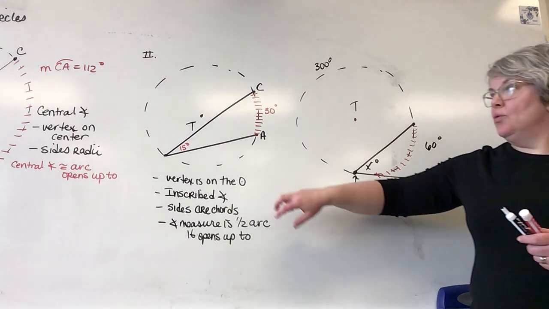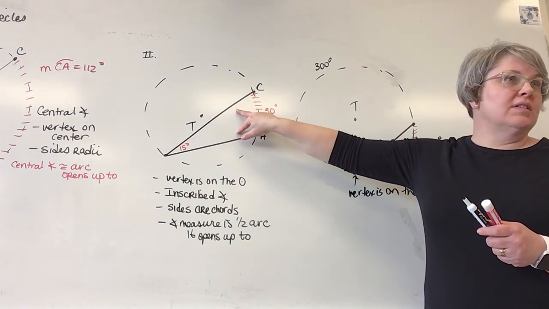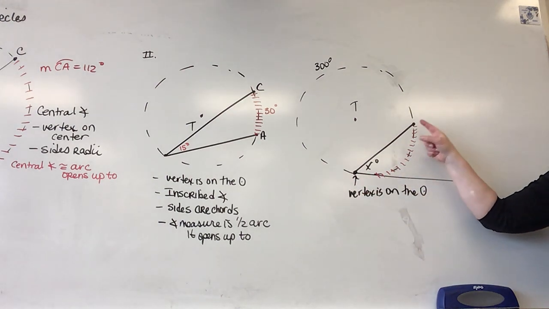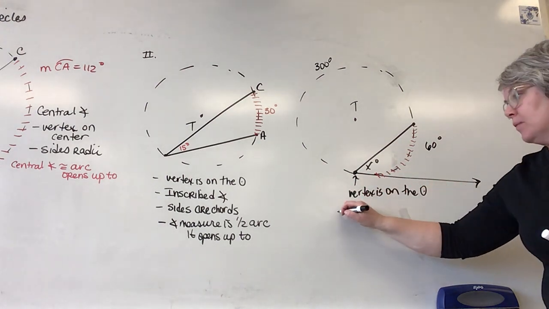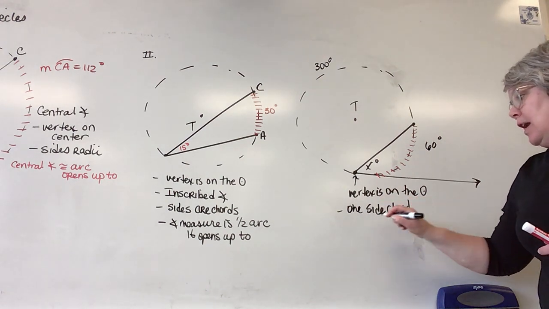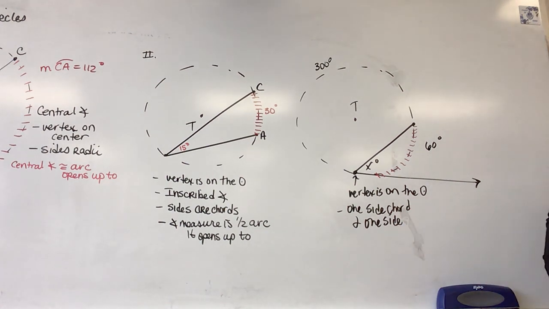So not only do these two chords stay in the circle, in this case, the inscribed angle has one side that is a chord and one side, what would you think that would be?